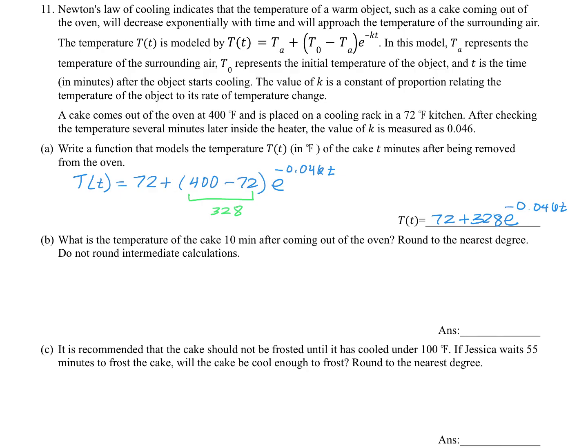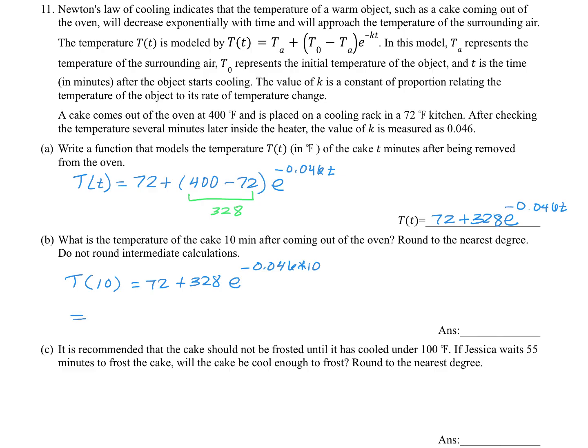They want us to find the temperature of the cake 10 minutes after we take it out of the oven. So that's the temperature at time 10. That is 72 plus 328 times e to the negative 0.046 times 10.